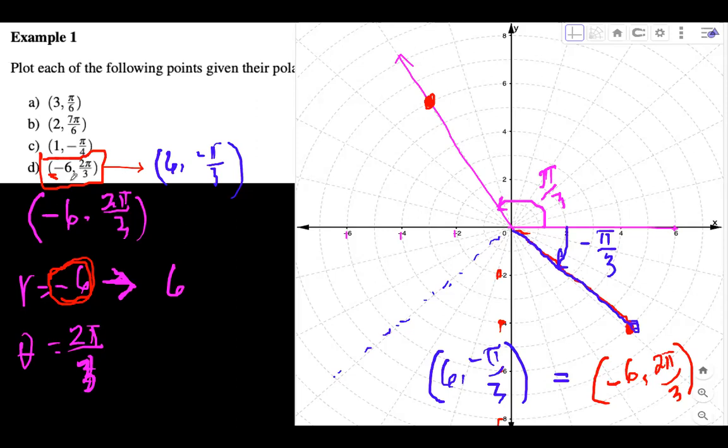Okay? Tingnan mo to. Yung negative 6 and 2 pi over 3 natin na point, equal lang naman pala siya sa 6 and negative pi over 3. And what does this mean? Ang gagawin lang natin ay absolute value mo yung R pala to.